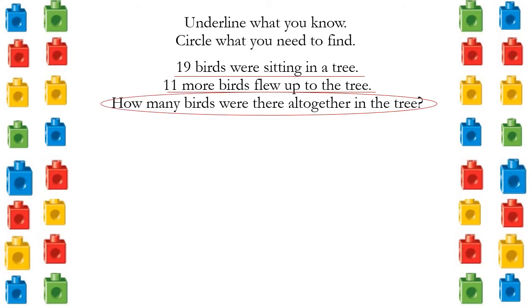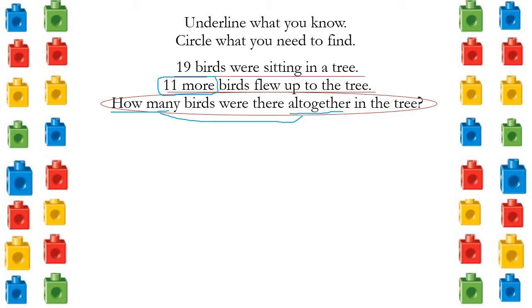Okay, and there's some key words here that can help us. 11 more birds flew up to the tree, and then how many altogether? So this tells us that it's going to be what kind of problem? Addition or subtraction? It's usually going to be an addition problem.